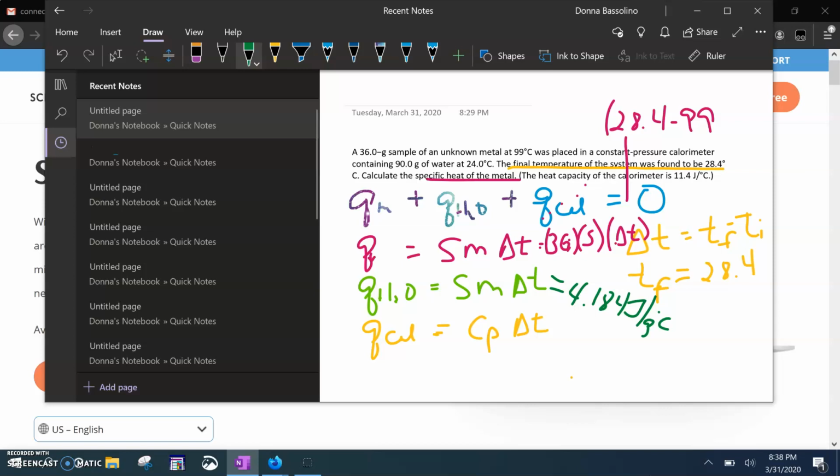Normally on a test, we would either give it to you or you'd have to know it, but since you can look these things up, this is something you're going to have to remember. Times the mass of the water, which they said was 90 grams. Everybody's going to have a different number here. And then the temperature again is going to be the final temperature, 28.4 minus the 24.